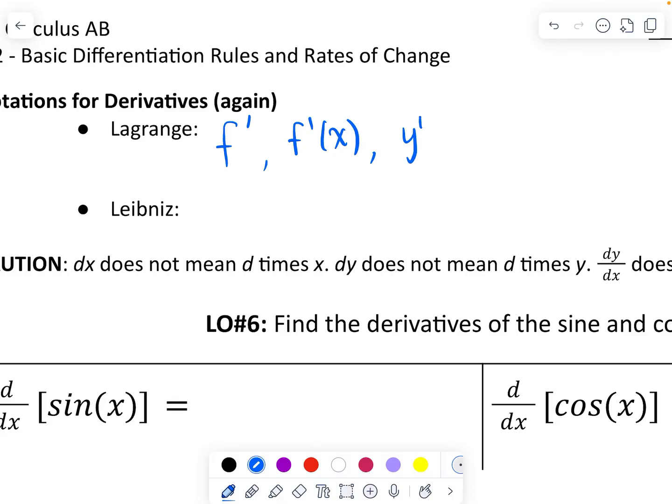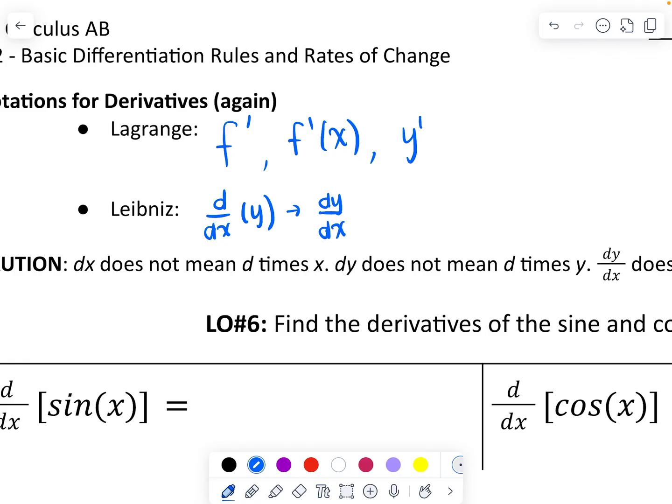Today we're going to be dealing with position and velocity a little bit. So for velocity, you could say v prime and so on. The other notation, the Leibniz notation, is the one that looks like a fraction. If we were finding the derivative of y, we could write it like this, d dx of y, which is equivalent, the same thing as writing dy dx.